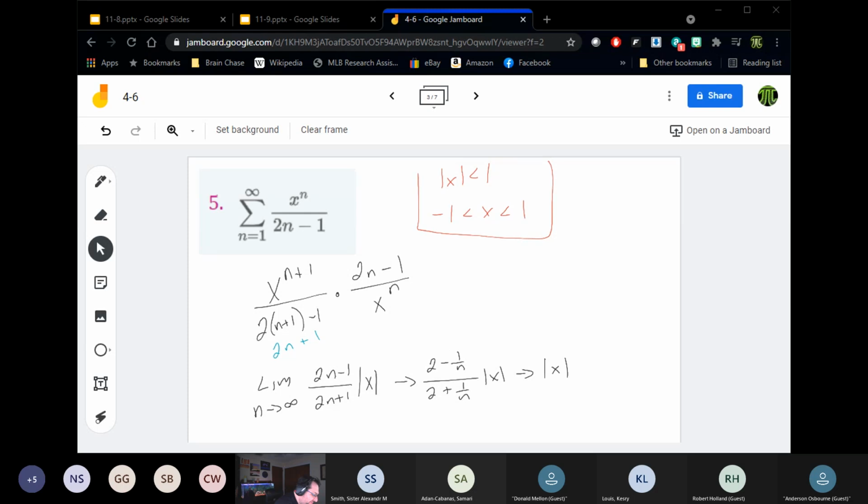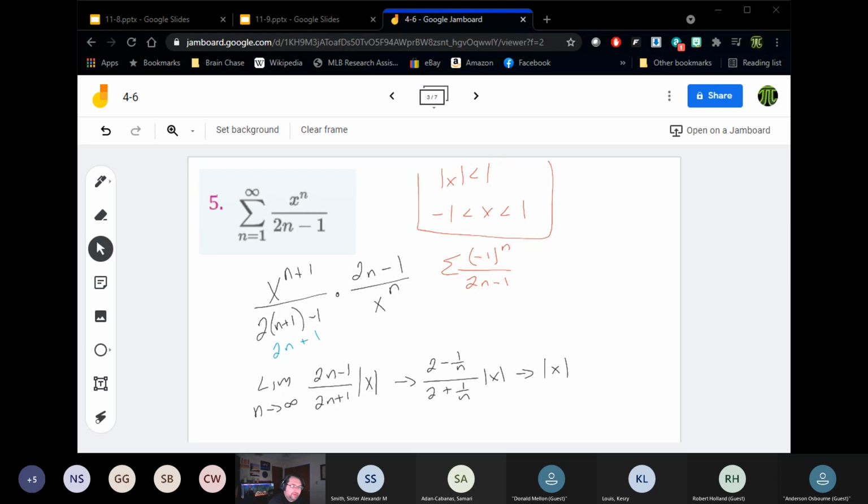If we plug them into this problem, I have -1 to the nth power over 2n minus 1. Now, does that converge or diverge? This is an alternating series because -1 is up on top. The alternating series test says the limit has to go to 0 and it has to be decreasing. This I know is decreasing.